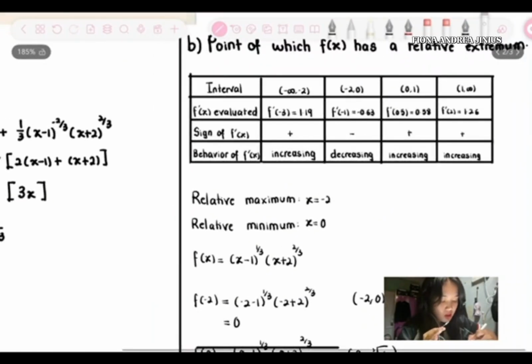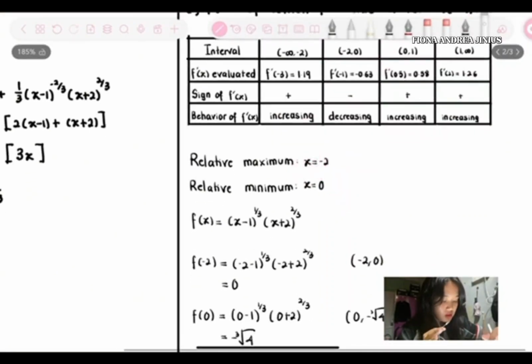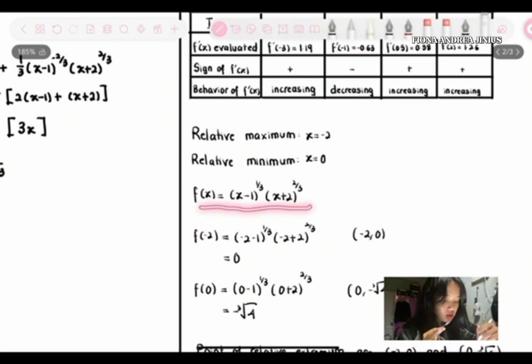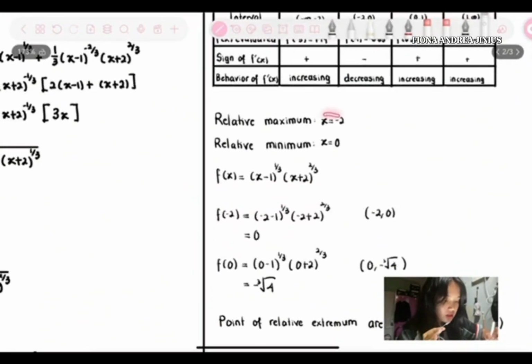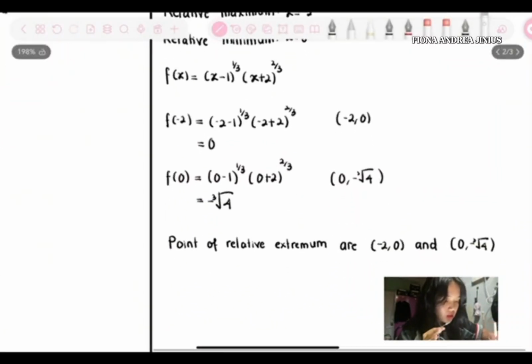So our relative maximum is at -2 and the minimum is at 0. Using the original equation, you insert the x values into the original equation, then you get the points. So these are the 2 points that I got.